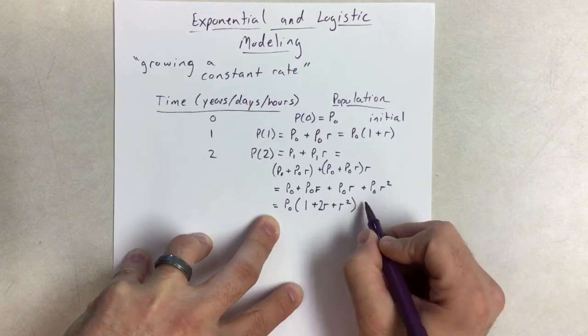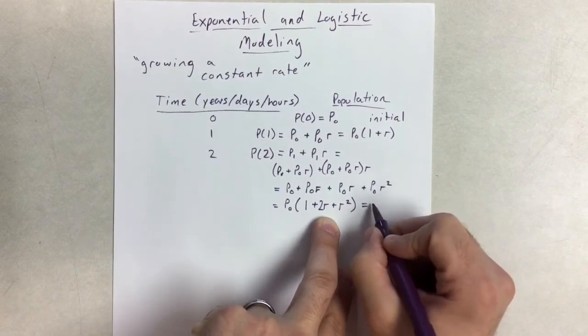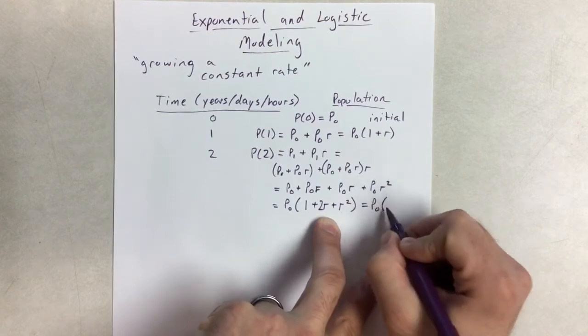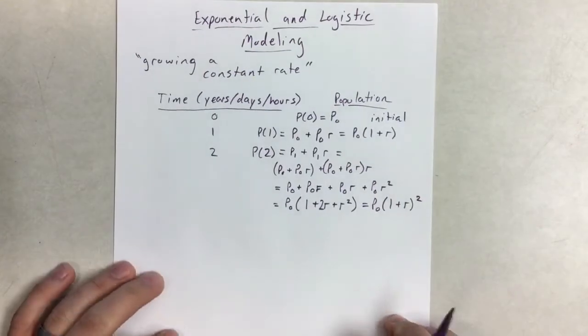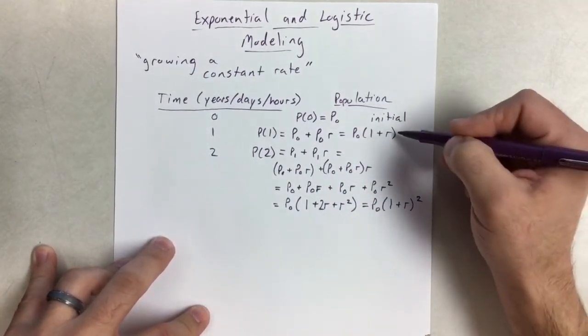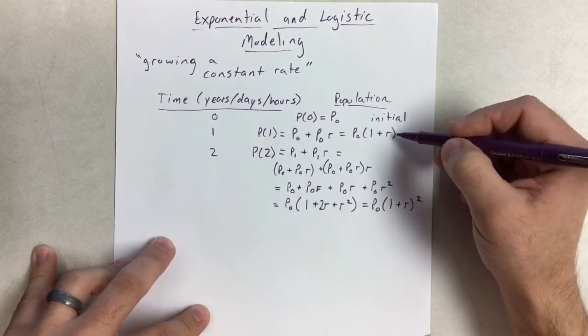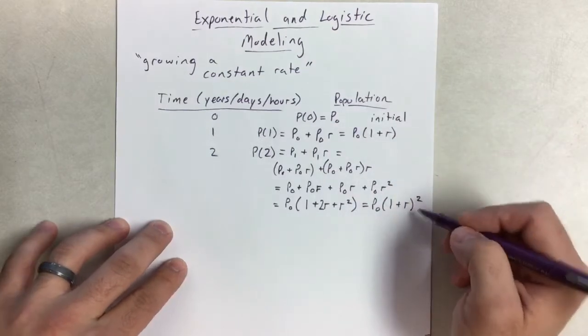I'm going to factor this. When I factor this quadratic expression, we get P sub 0 multiplied by 1 plus R squared. All right, so we notice there's a lot of messy work. We were able to get something very similar to our population after year 1, population after year 2.